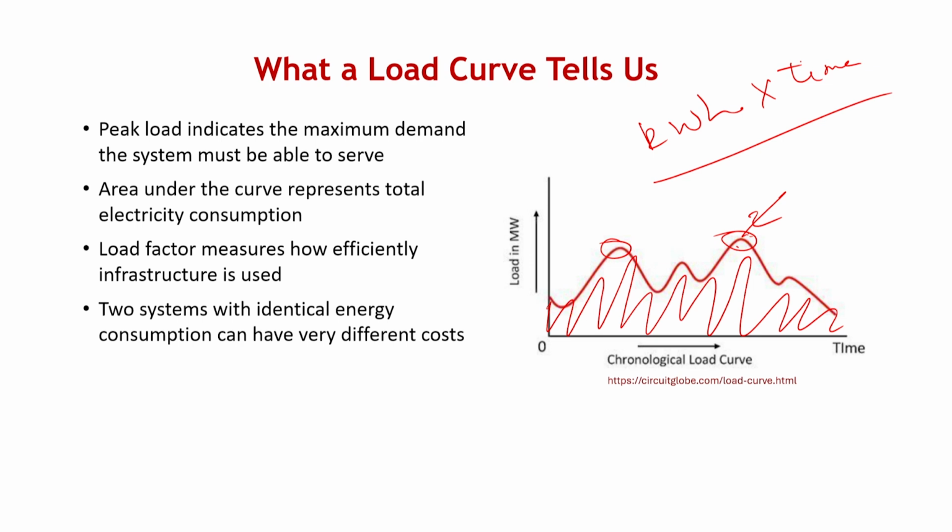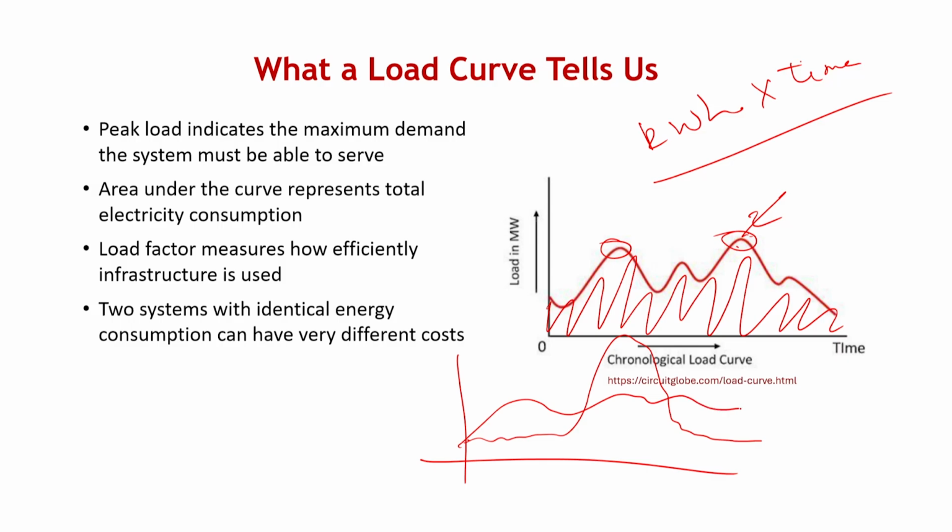Take two systems with identical consumption, where the area under the curve is the same, but their patterns are very different. For example, one curve could have a consumption pattern like this. The second curve has lower values, but the area under the curve in the two cases is the same. Now, if the area under the two curves is the same, what it means is that in case A I need to design the system for this maximum power, while in case B I need to design the system for a lesser overall peak power.